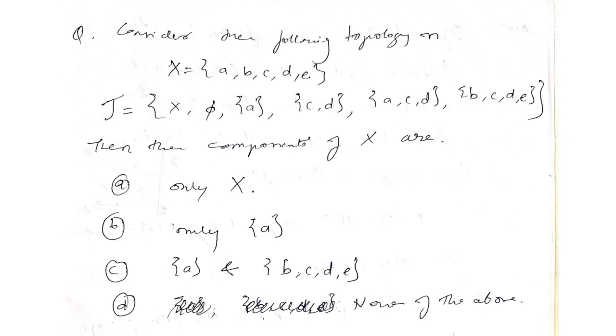Then you have to determine what the components of X are. Is it option A, only the whole set X, or B, only singleton {A}, or C, singleton {A} and the set {B, C, D, E}, or D, none of the above? So find out what the components of X are and tell me the answer.